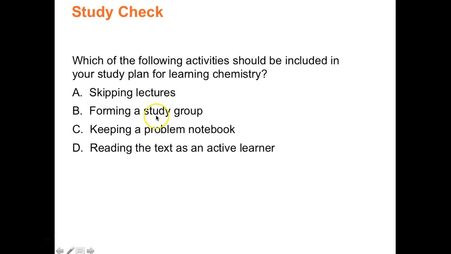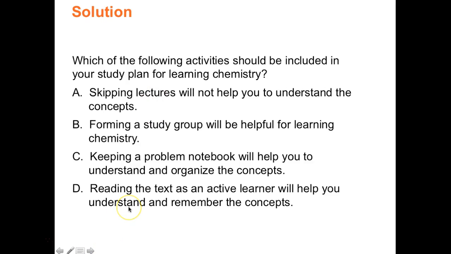So B, C, and D are good plans. A, not so good. Skipping lectures is not a good idea. However, I am taping the lectures, and again, that's a choice you will have to make for yourself.